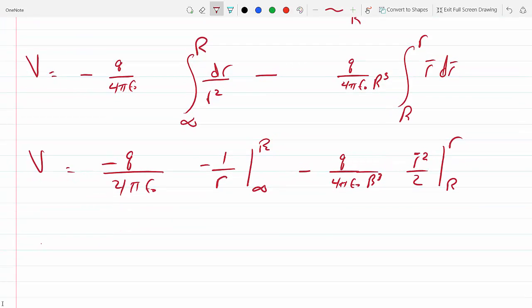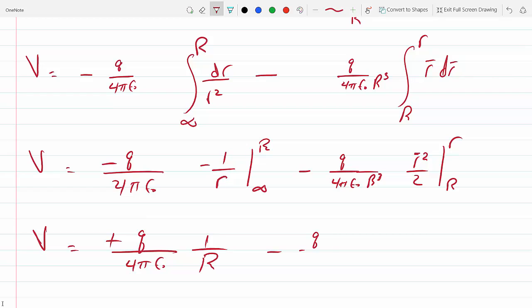Let's evaluate. The first one, of course, vanishes at infinity, so we get plus 1 over R, and the second term is 0. Here we have minus Q over 4 pi epsilon R cubed. We get R squared over 2 minus r squared over 2.